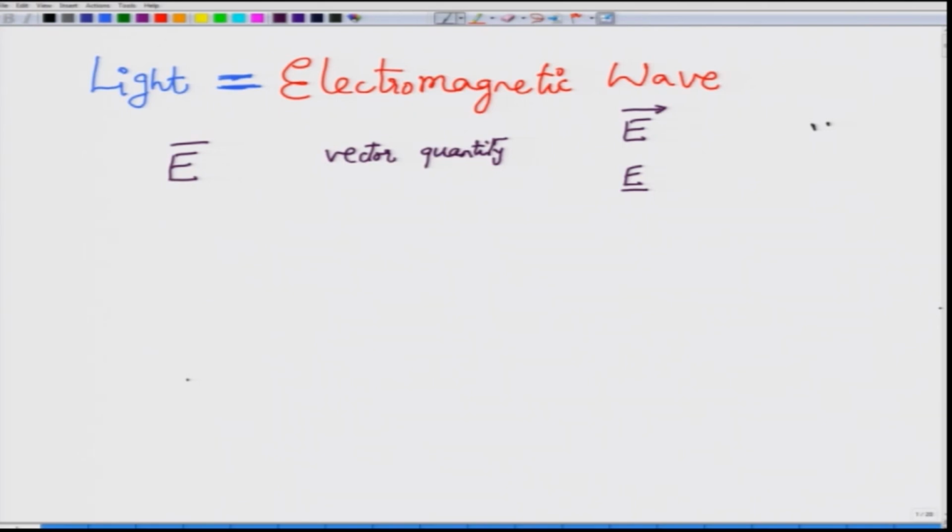So, these electromagnetic quantities, which I denote by putting a bar overhead, are vectors, and they have direction. This electric field vector, or electric field intensity, can be different at various points. Therefore, we generally denote them after choosing a certain coordinate system.